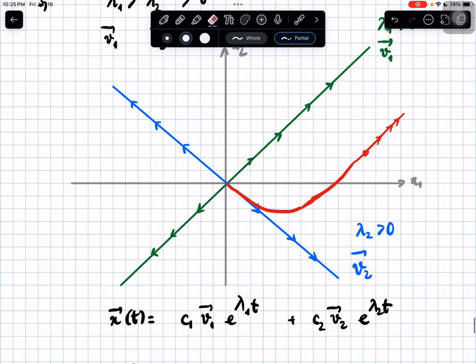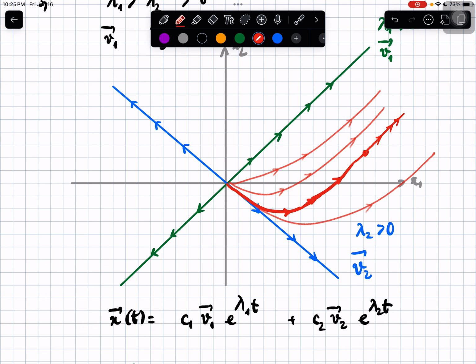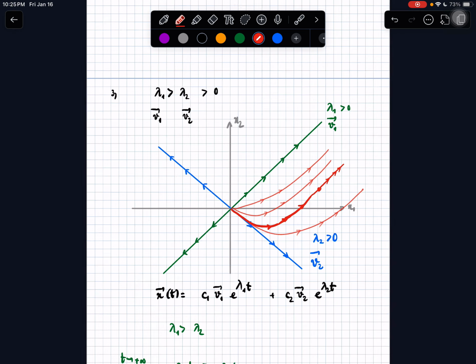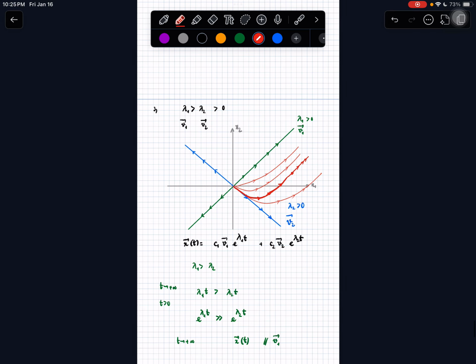Yeah, so the curve looks like this. Draw a few of them, so it will look like this. Similarly, you do the other side.